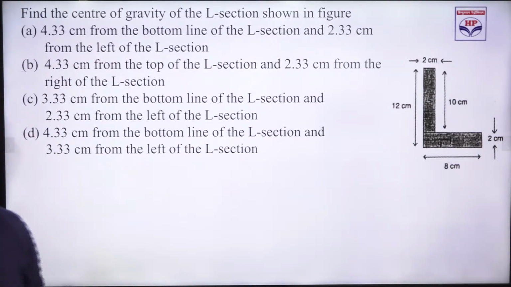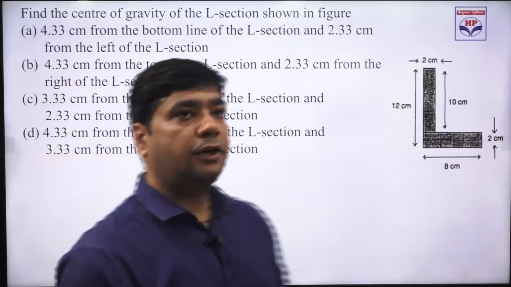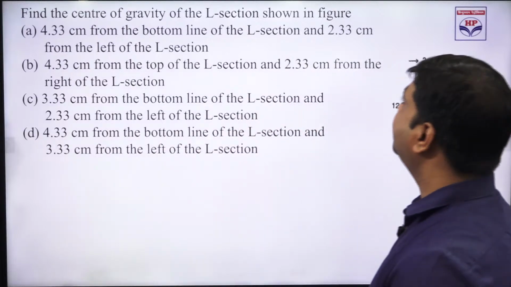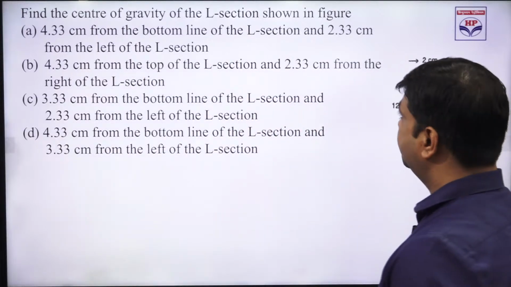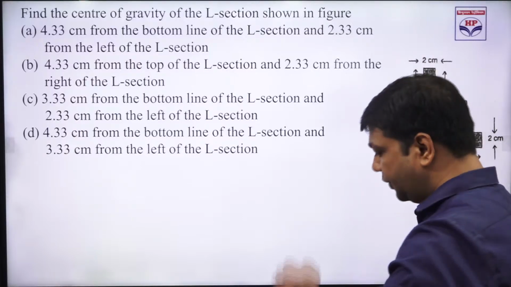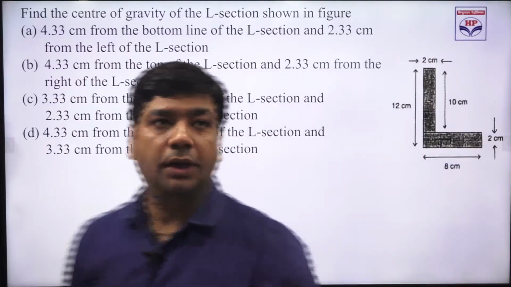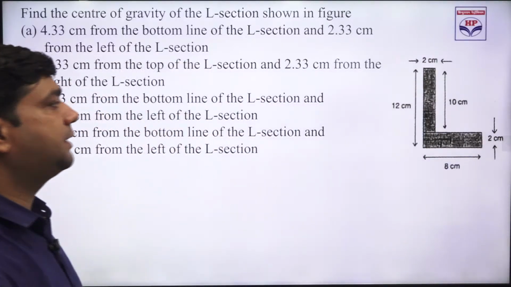Okay, the question is: find the center of gravity of an L section shown in the figure. First of all, I am going to find the center of gravity, so we have to decide the areas.